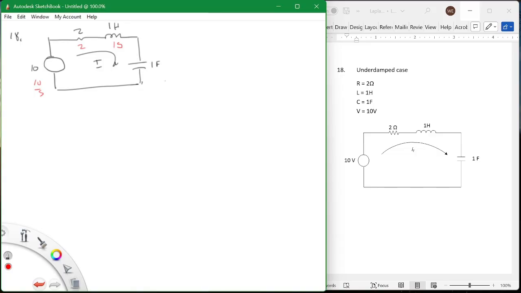1S. One over S. Okay, now what do you do? I is equal to what?